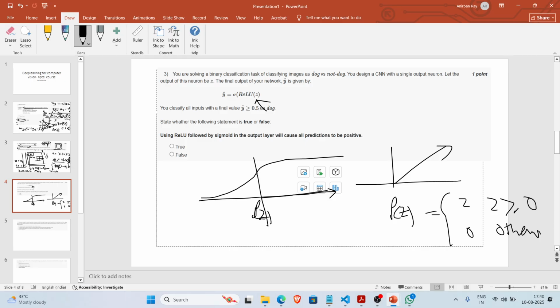So what happens is the sigmoid will output 0.5 or above. This is the range of the sigmoid function in this case.